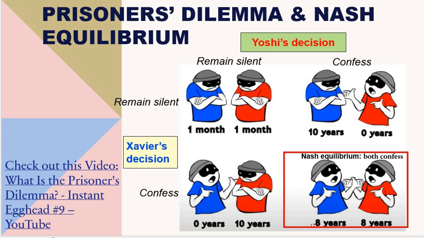Betraying their partner will give them even more benefits than cooperating. So they always choose to cheat. And when they both choose to cheat, or in this case confess, that leads to the worst situation for them. That is the prisoner's dilemma.